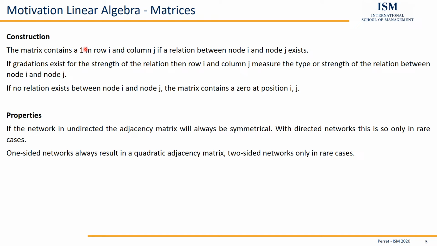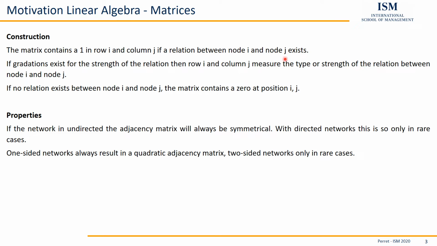Well, this assumes there's only one type of relationship and it's always of the same strength. So if you want to actually measure type or strength of the relation, simply replace the 0 and the 1 with a measure giving you a value for the strength or for the type of the relation.